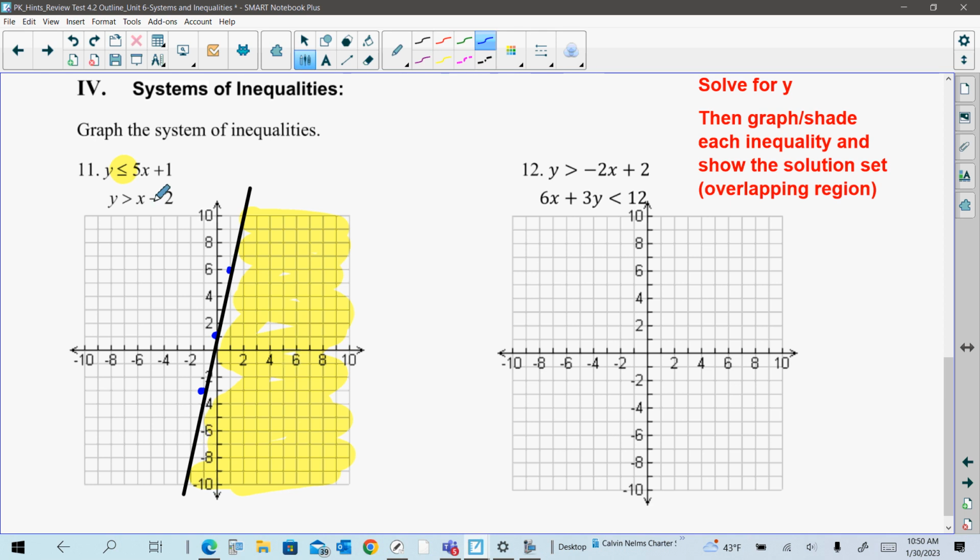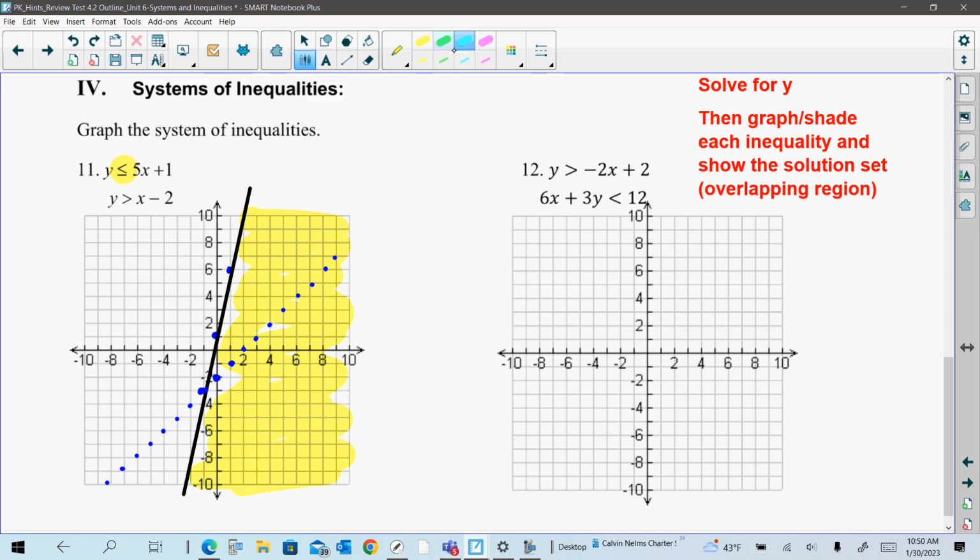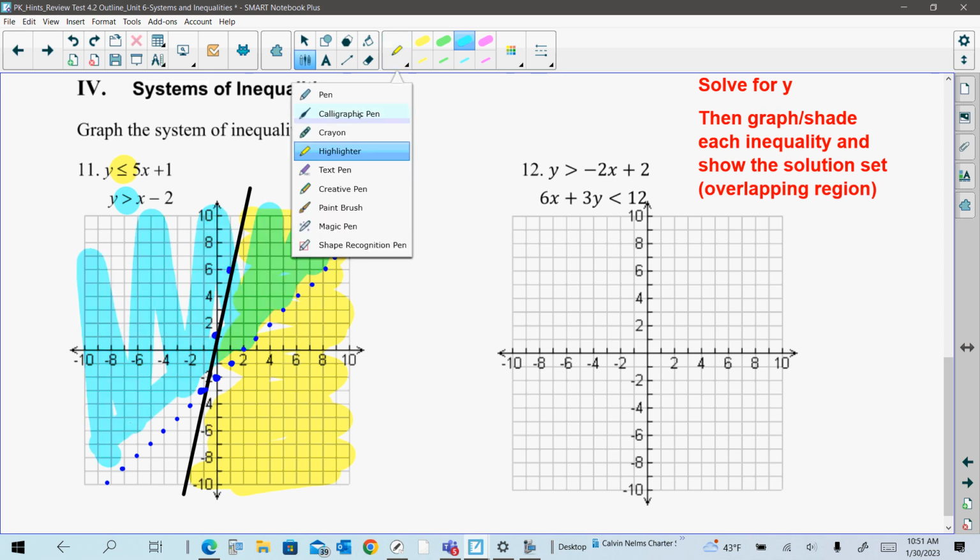So on this second equation here, my y-intercept is a -2. My slope is 1. So it's going up 1 to the right 1. It is a dotted line. I'm just showing you my dotted line. And because this inequality is greater than, it's going to be above. And when I shade above, we're looking for where they overlap, because that's the solution.